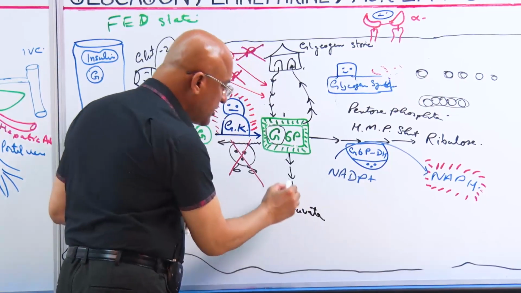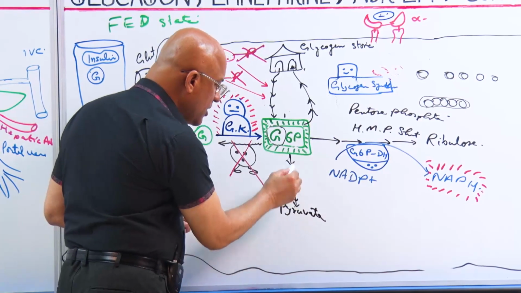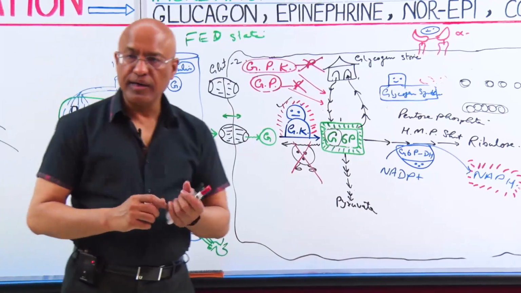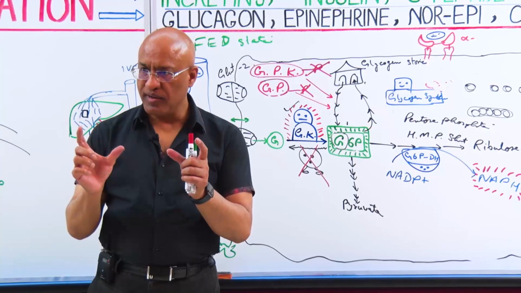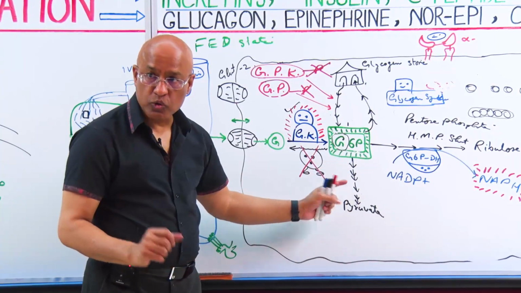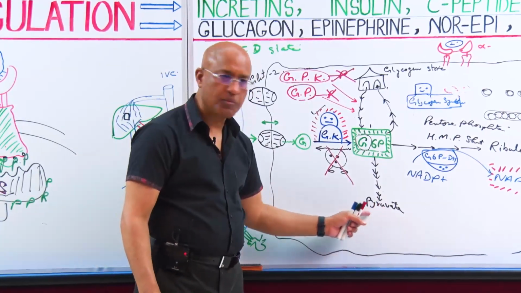There are many steps, right? And eventually this glucose 6-phosphate, which is a 6 carbon unit, will be broken down by the glycolytic pathway into 2 molecules of pyruvate, and each molecule of pyruvate is 3 carbon.